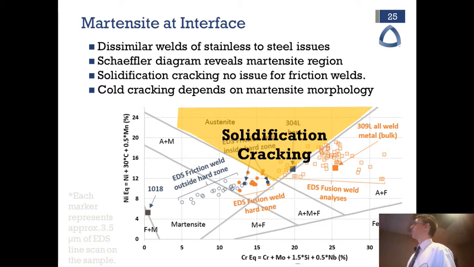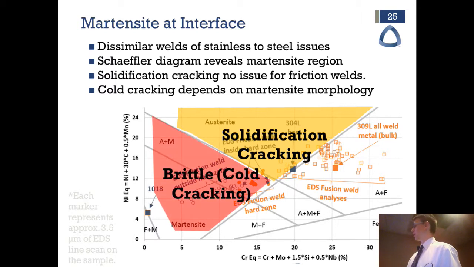So for a solidification weld, here's one way you can use a Schaeffler diagram. If the composition that you plot between your two metals falls in this austenite region, you might be concerned about solidification cracking. Of course, it depends on how much clamping you have and your cooling rate and some other things, but solidification cracking is not an issue for solid state welding, for inertia friction welding.